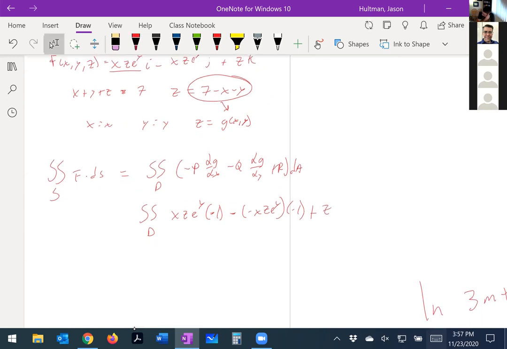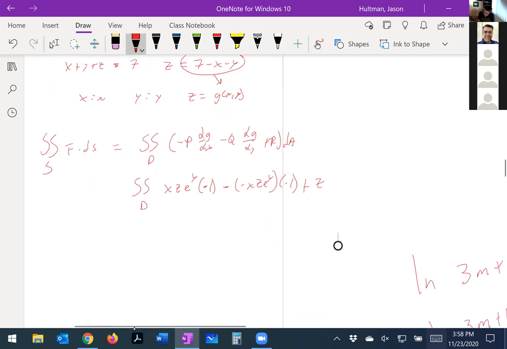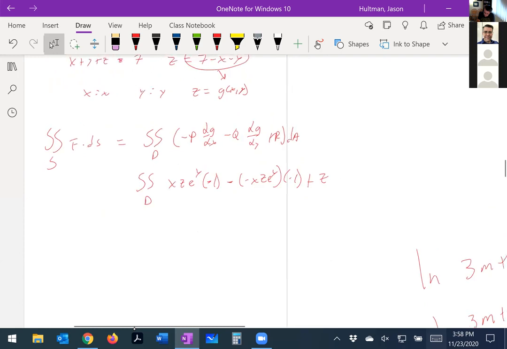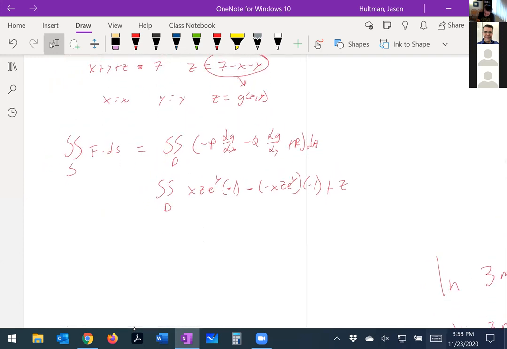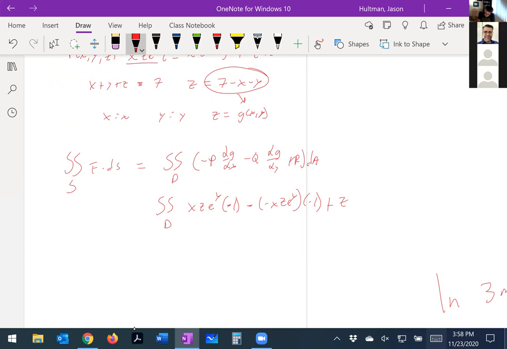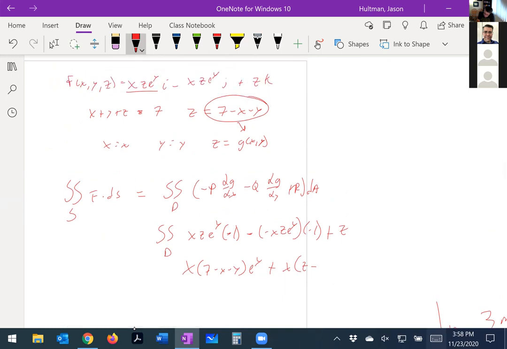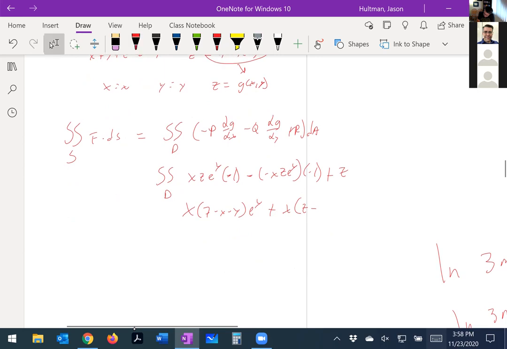Okay, but this is a double integral, and it involves x, y, and z. And so we're like, well, that doesn't make any sense. Well, it does, because we're just going to replace z with 7 minus x minus y. So x times (7 minus x minus y) times e to the y plus x times (7 minus x minus y).